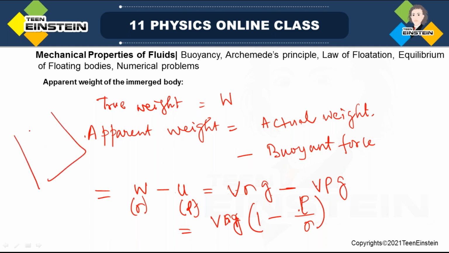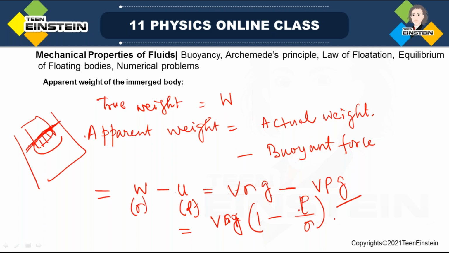So suppose you may have a very big object, but suppose it is immersed up to here inside the water, then the displaced water will be of this volume only. Okay, not the whole volume of the container. So in this case, since the object is fully immersed, W minus U, where U is V rho g.